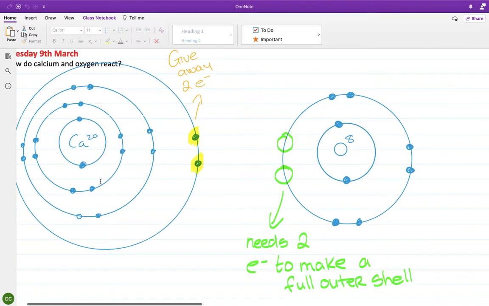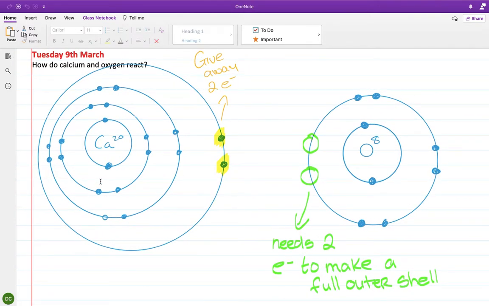Okay, just so we can see that. Okay, so they always pair up nicely like this when we're doing ionic bonding, that you have one element where it needs to give away a certain amount of electrons and then another element where it needs to get those electrons, and they pair up nicely.